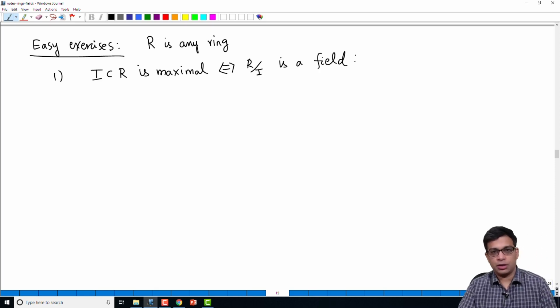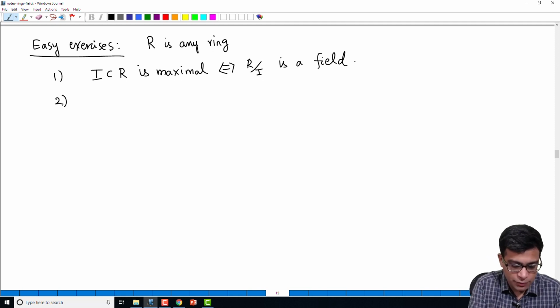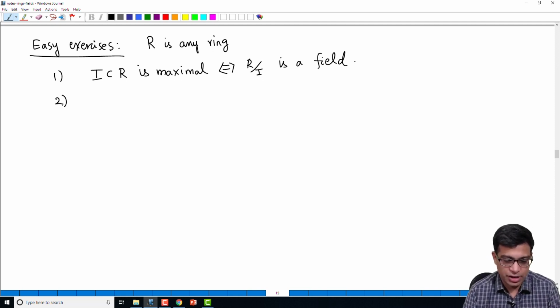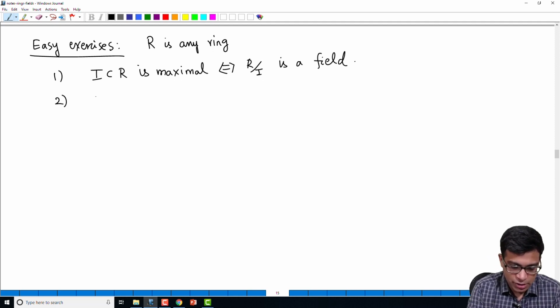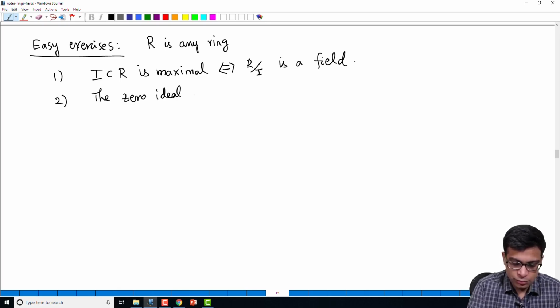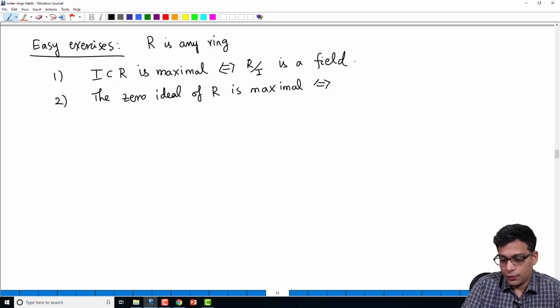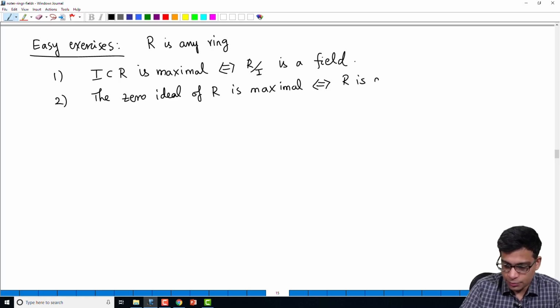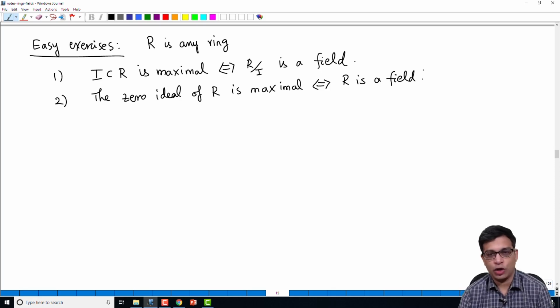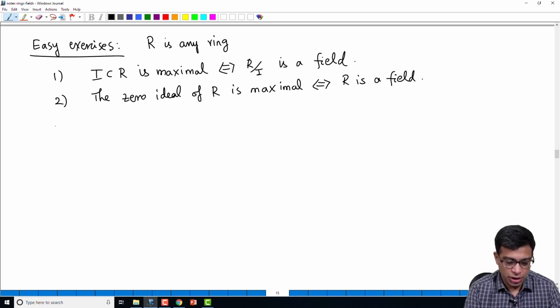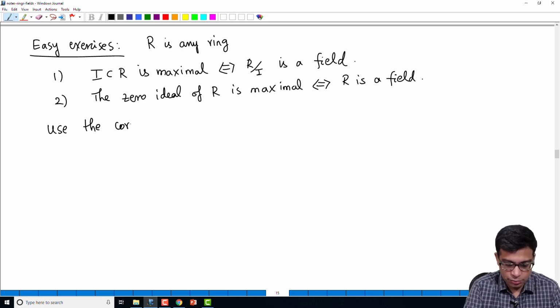So let me tell you how to solve this, and as a consequence of this, let me make another statement first. As a consequence of this, the zero ideal of R is maximal if and only if R is a field. So this can be done more directly, and in fact both problems are a consequence of the correspondence theorem that we have done.